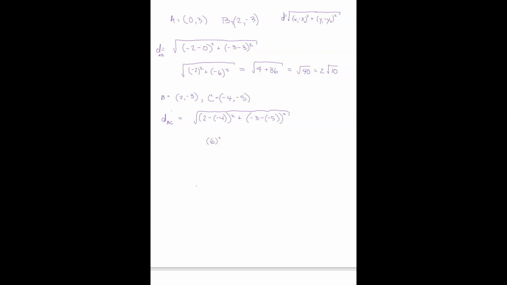That quantity is squared. Plus, here I'm going to have -3 plus 5. That's going to give me a 2 squared. If you take a look here, these were negatives, but as soon as you square them, they stop being negative, they become positives. This is the same set of numbers. I've got 2 squared and 6 squared.